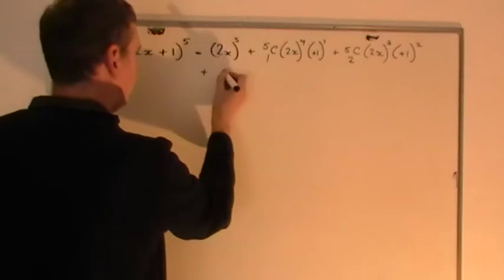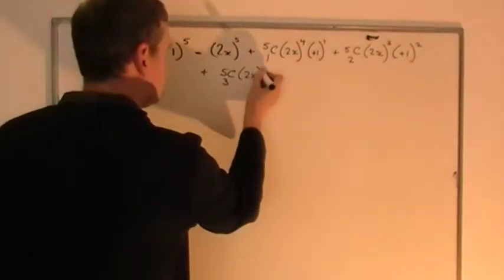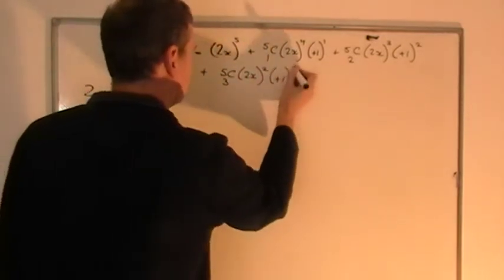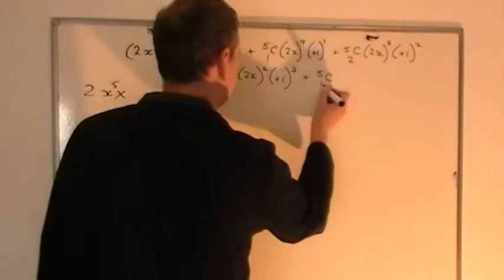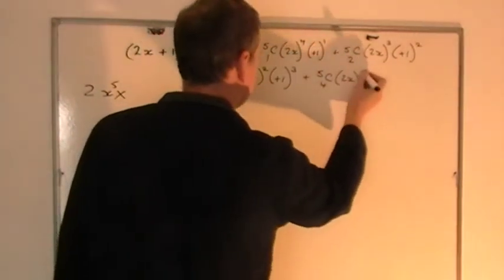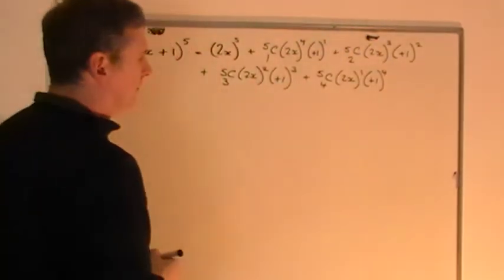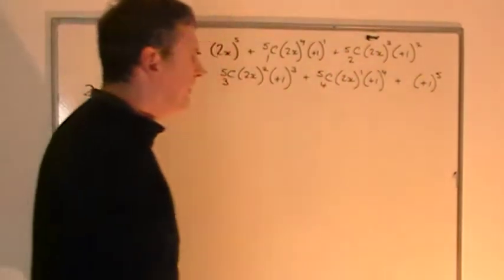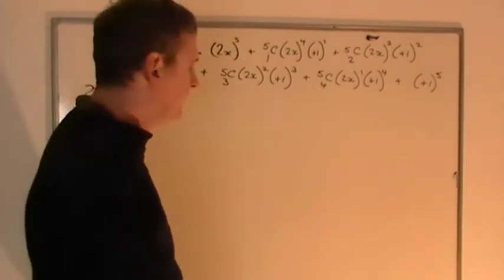Plus, then you have 5 choose 3, 2x now falls to a power 2, and the plus 1 rises to power 3. Plus 5 choose 4, 2x falls to a power 1, plus 1 to a power 4. And then finally plus 1 to a power 5. And the 2x completely disappears and there's no more choose values.